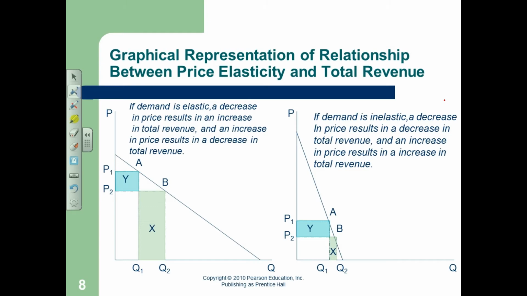In this picture, you have two panels. One shows elastic and the other one shows inelastic demand. If you look at the left panel, it shows demand is elastic, right?